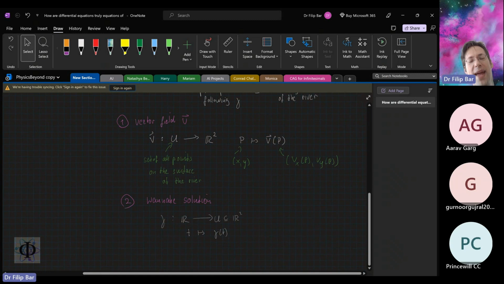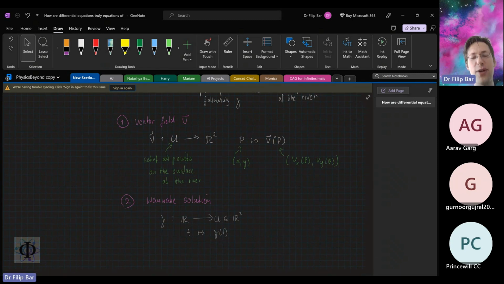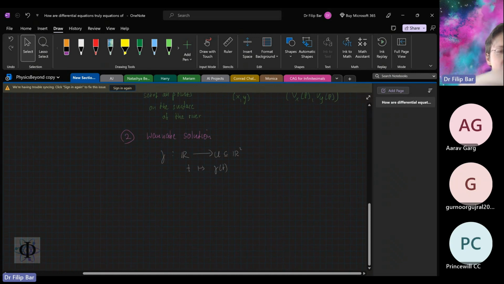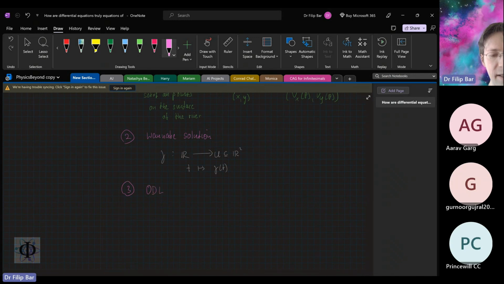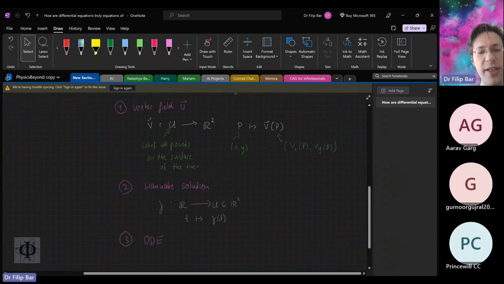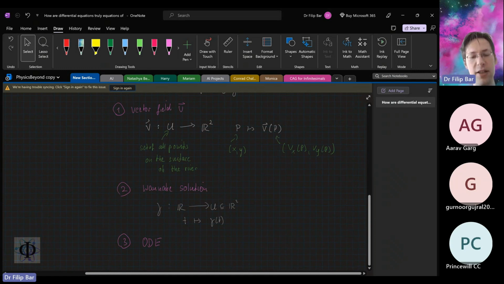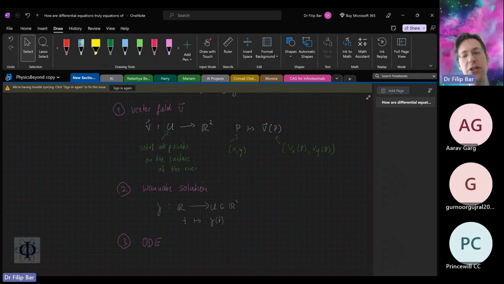But now, what makes gamma a solution to this differential equation? Well, in fact, we still don't know what the differential equation is. And to get that differential equation, we somehow need to relate this vector field to our wannabe solution. That's the condition, the equation that it has to satisfy when you want it to solve this ordinary differential equation, right?